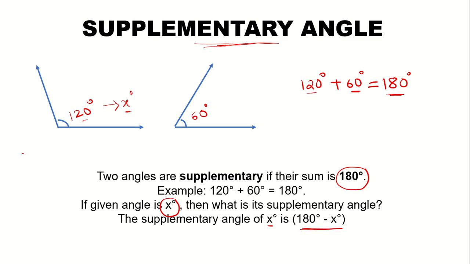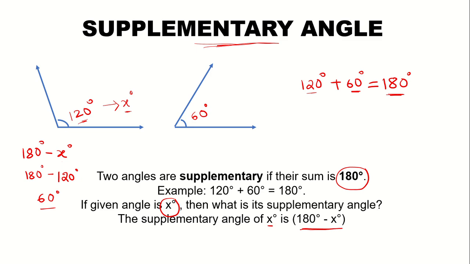So, how will you find its supplementary angle? By 180 degrees minus x degrees, 180 minus 120 degrees. How much will you get? 60 degrees. So, for given x degrees, which is 120 degrees, you will get its supplementary angle as 60 degrees.